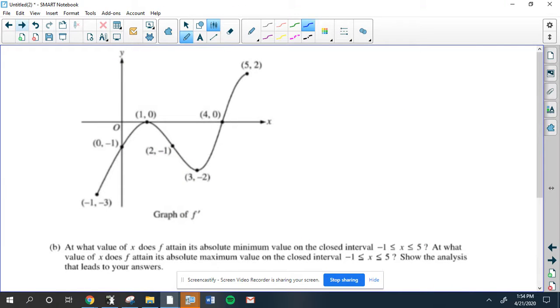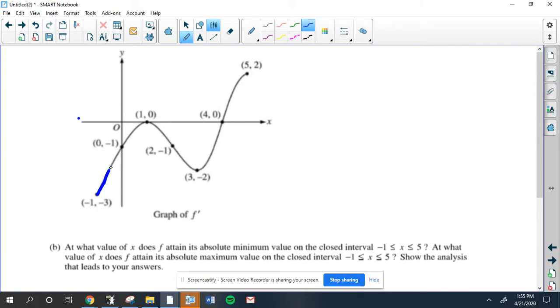Part B says, at what value does f attain its absolute minimum on the interval from -1 to 5 and its absolute maximum on the interval from -1 to 5? Show the analysis that leads to your answers. So you could try to use the candidate test here, but before you try that, let's just analyze. At -1, this function is decreasing because the derivative is negative.